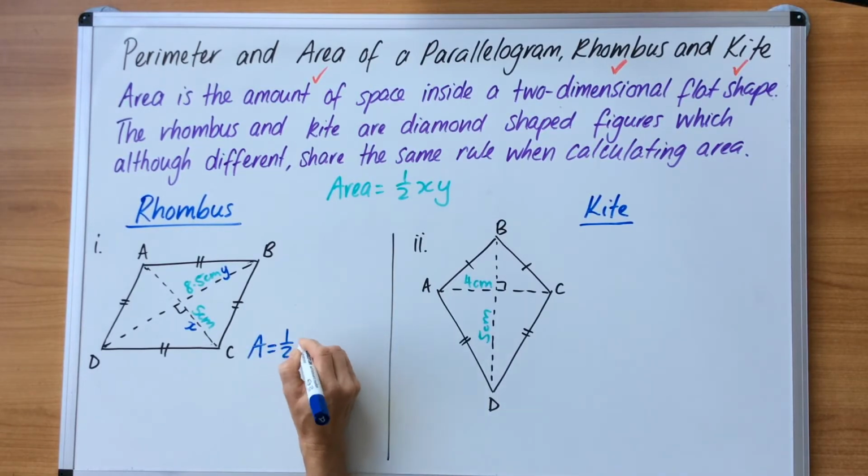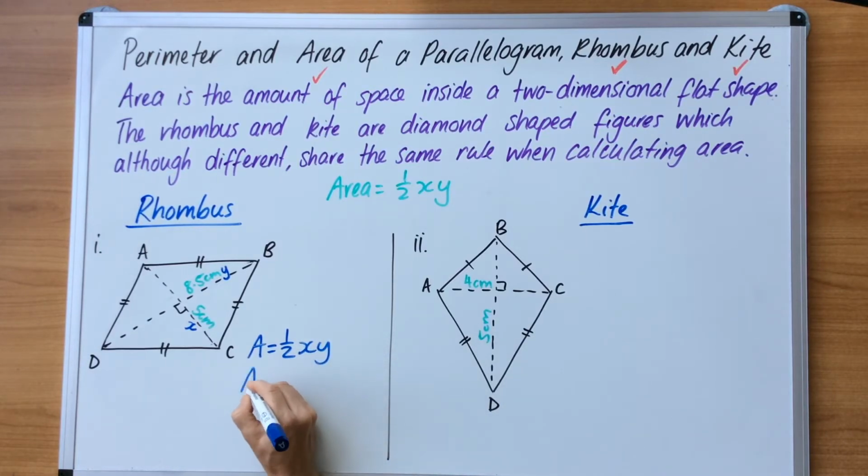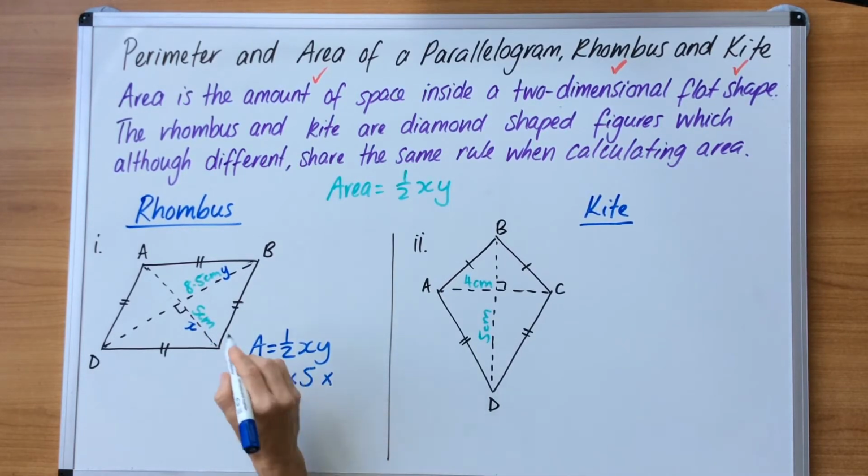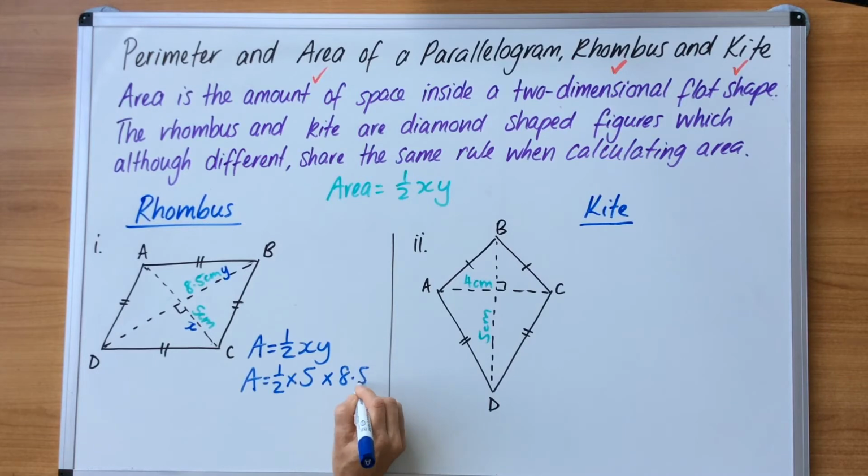Area equals, and write the rule first. Half times x times y. Now we can substitute in those values. So we go half, separate them with a multiplication symbol, and the short one of x is 5, multiplied by the longer one of y, which is 8.5.